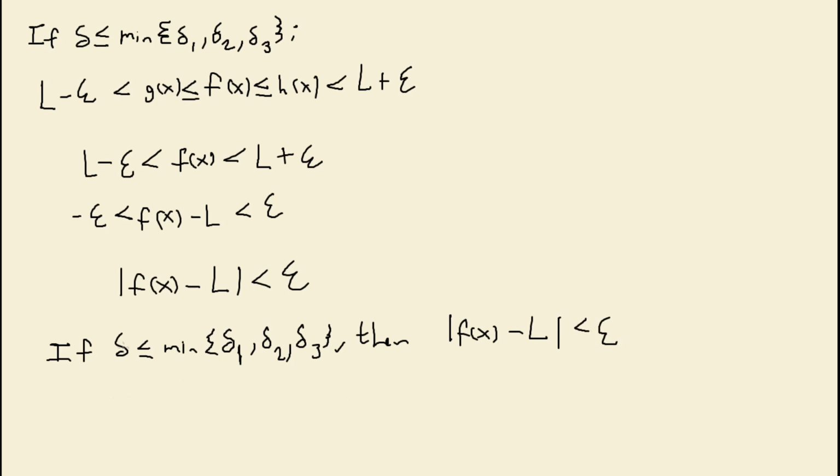Basically we found some delta value, some relationship between delta and epsilon, such that no matter how small epsilon gets, both of these inequalities will be true. The absolute value of f of x minus L will be less than epsilon, and the absolute value of x minus c will be less than delta. And therefore, the limit of f of x as x approaches c will also be equal to L.